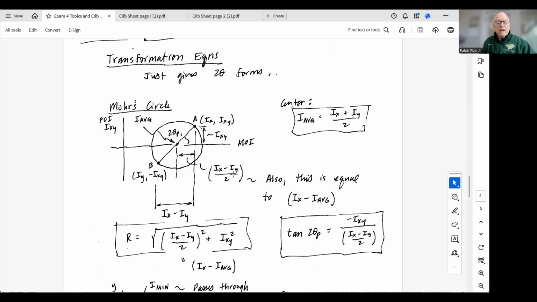And you could actually mathematically prove it. It's simple to do. But if you happen to just have Ix and I average, then you can use this formula here as well.